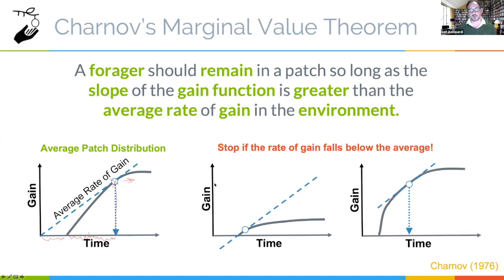So if this is my average rate of gain, and I come to a patch which has very low yield in the next graph, then I should stop early and bail. But if I have a high-yielding patch, then I should stop here and bail now. Basically the amount of time I'm spending is adaptive, and it's based on how much I'm yielding and whether that's above or below what I would otherwise get somewhere else.